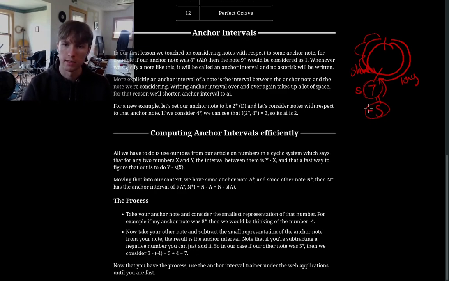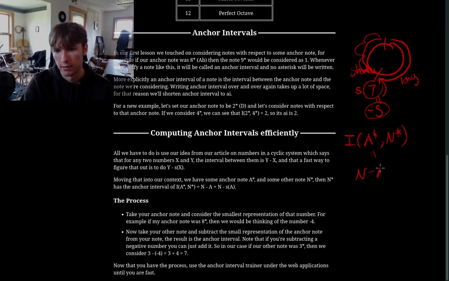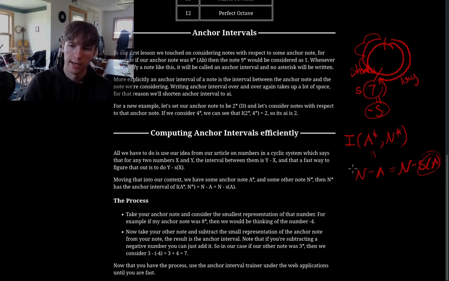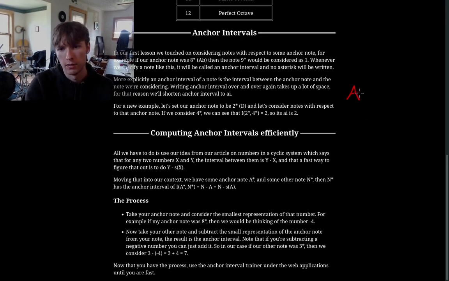The small representation idea is going to come into play a lot now, because we can take intervals between two notes, and if we have the anchor note a and some other note n, the interval between them is n minus a. But that's the same thing as n minus the small version of a, the small representation. So we'll be using small representation a lot. For example, let's set our anchor note to be 8.